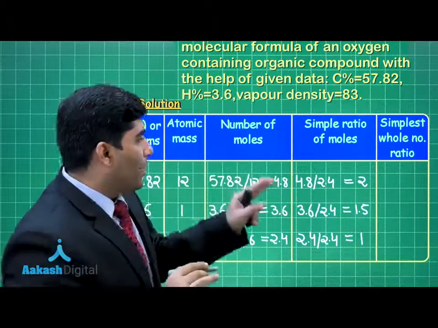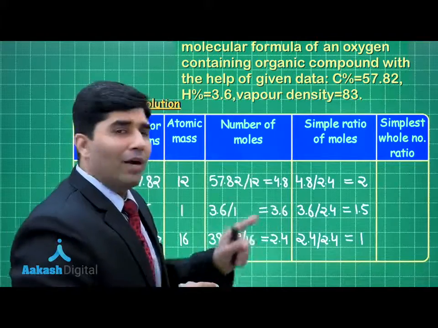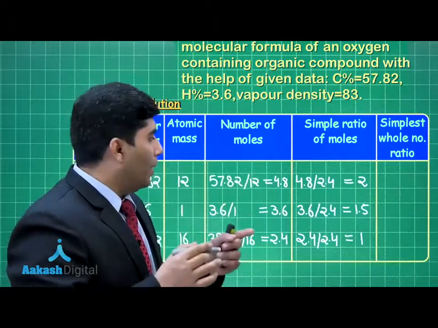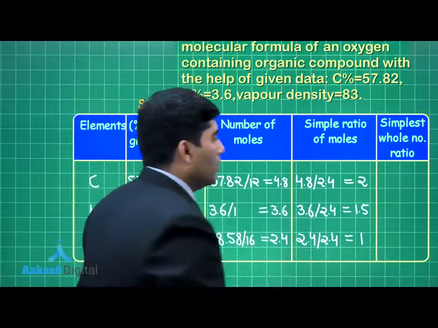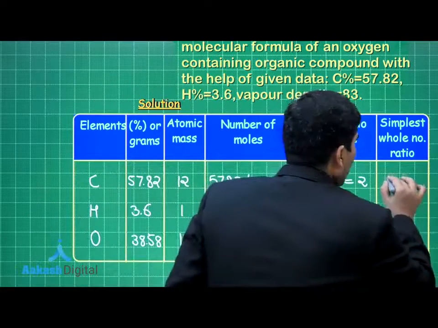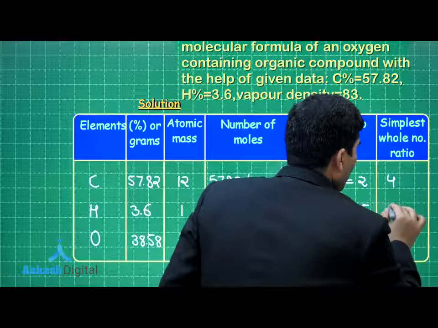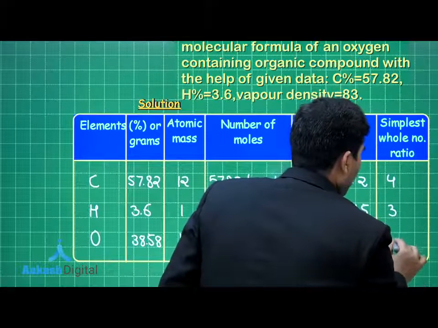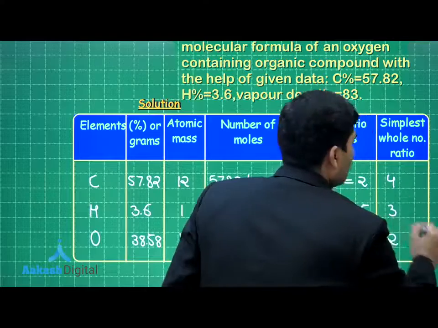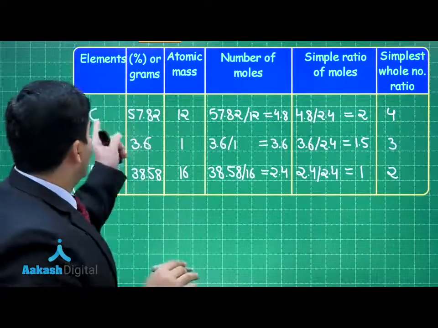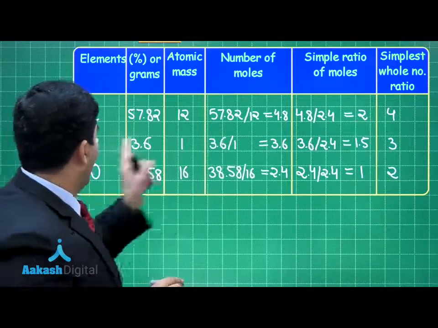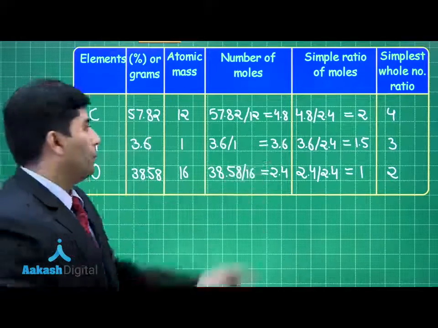Now simplest whole number ratio. Since 1.5 is not a whole number, we have to multiply it by 2. So if we multiply these numbers by 2, we will get 4, 3 and 2. Therefore, the empirical formula will be C4, H3 and O2.